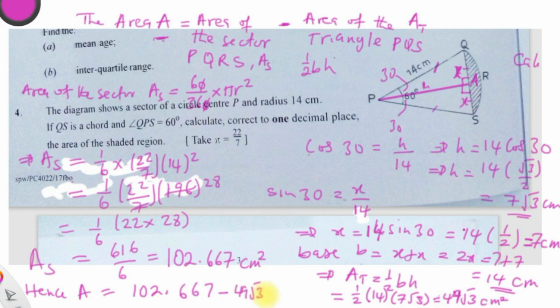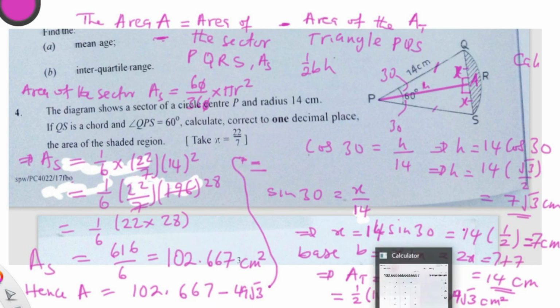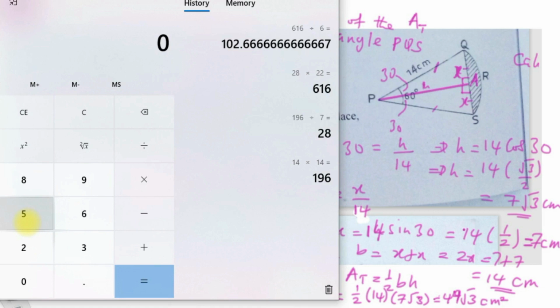So where are you going to write this? We don't have much space. Okay, let's just bring it up here. So write the final answer here, which is equal to, let us bring our calculator back. 102.667 minus 49 root 3.